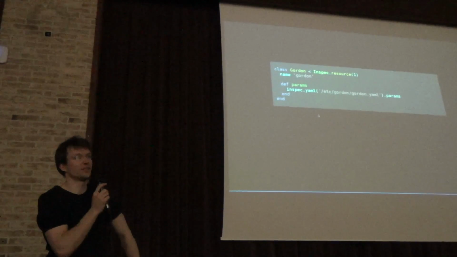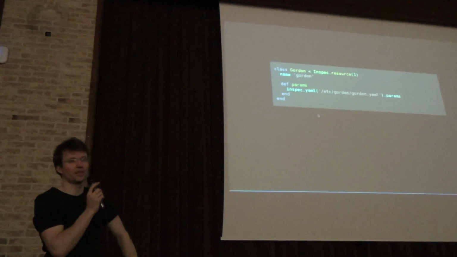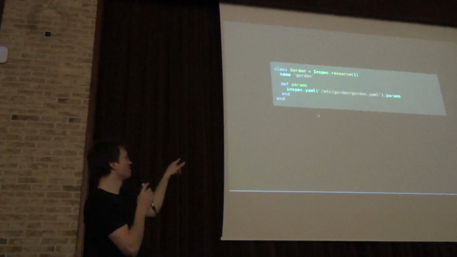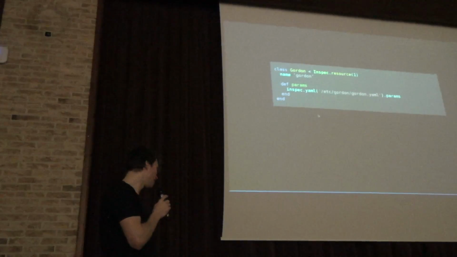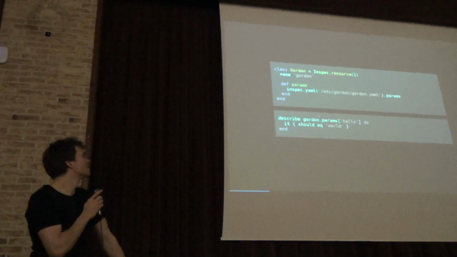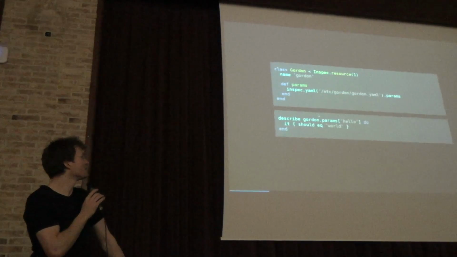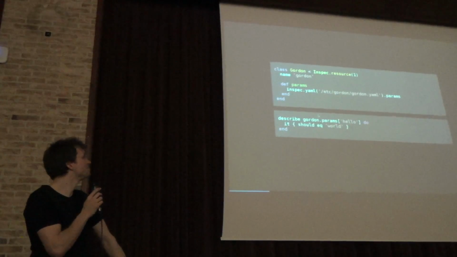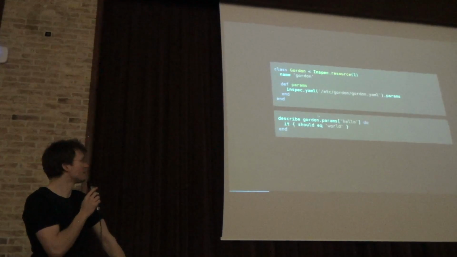And you would just point it to the YAML configuration on the operating system and read out its parameters. And they'll become available to you. And then you can simply test them. So describe the parameter hello to equal world, if we set up the example like that. And that's going to give you the result.